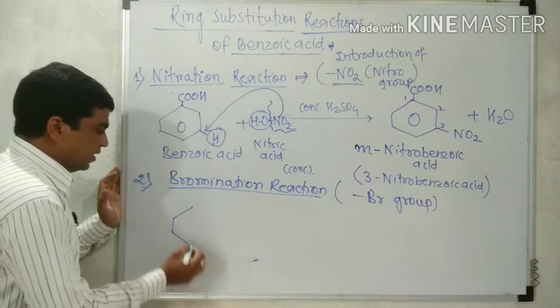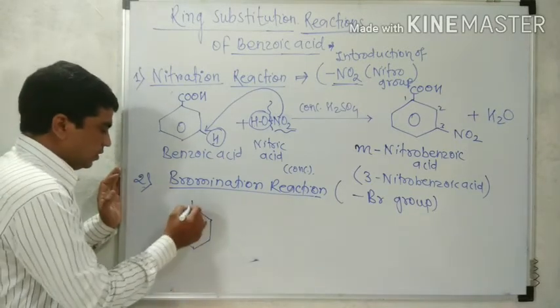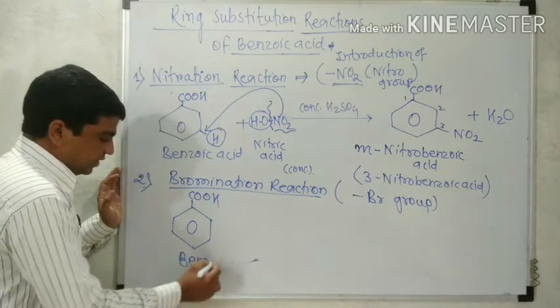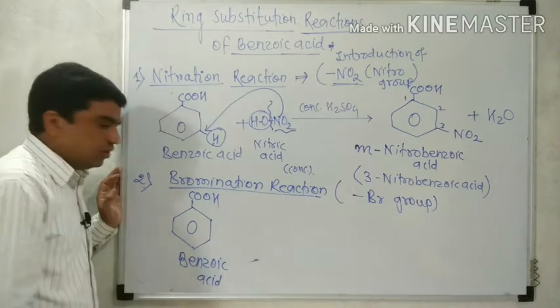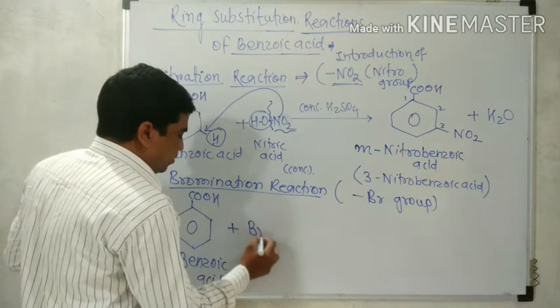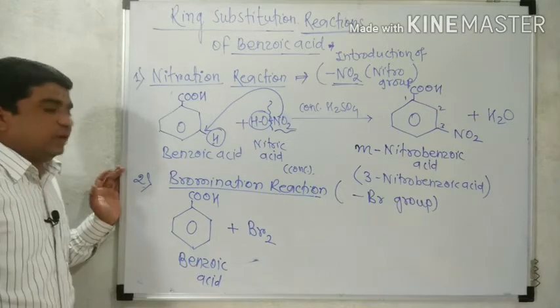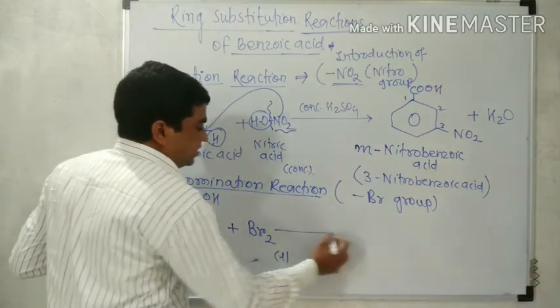So what happens in bromination? When benzene contains COOH, we know that this is benzoic acid. So when benzoic acid is reacted with bromine, because for bromination we require bromine, in liquid state.